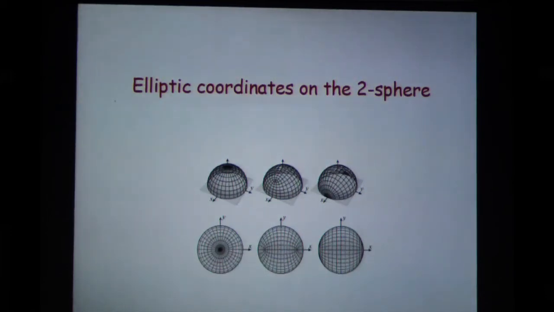Now, there are also elliptic coordinates on the sphere. These are really very horrible. You see, well, there's a continuous parameter, which is the angle between the two foci of ellipses on the sphere. When you project them on the disk, they look like this. So, in one extreme, you have the polar coordinates of Zernike.